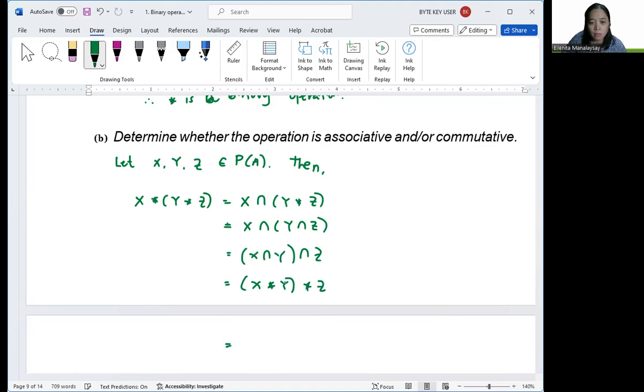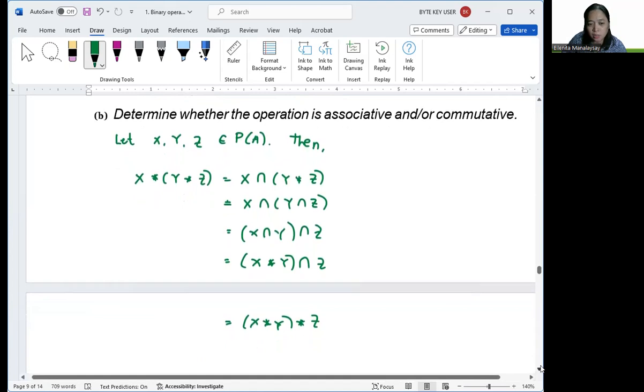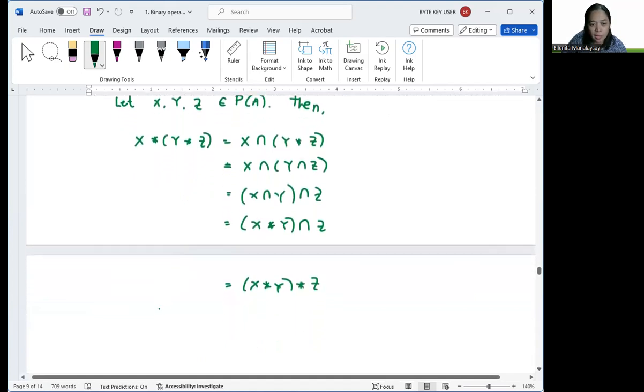So x star y, and then intersection z. Then we can write this as x star y and then star z. So this implies that it is associative. Associativity holds.